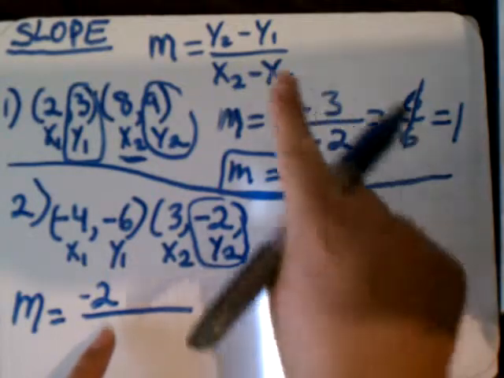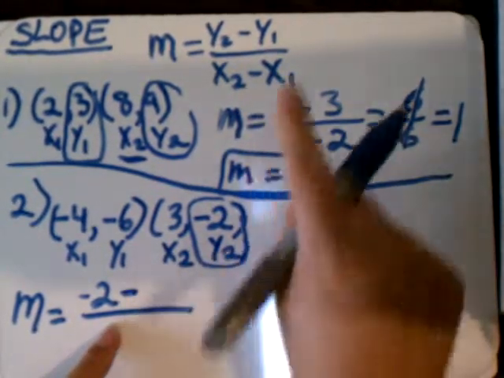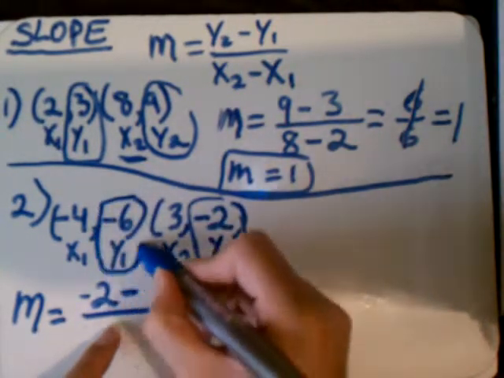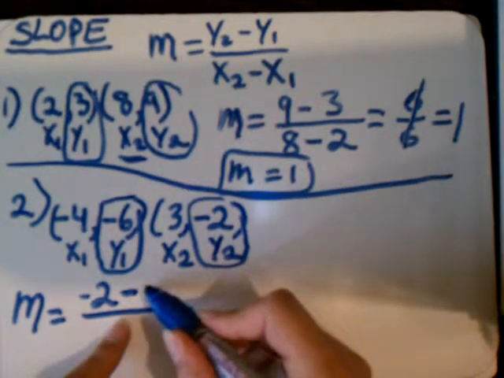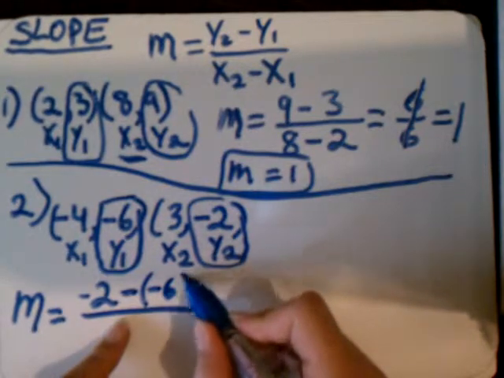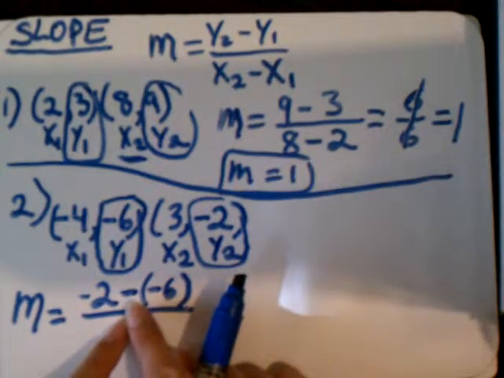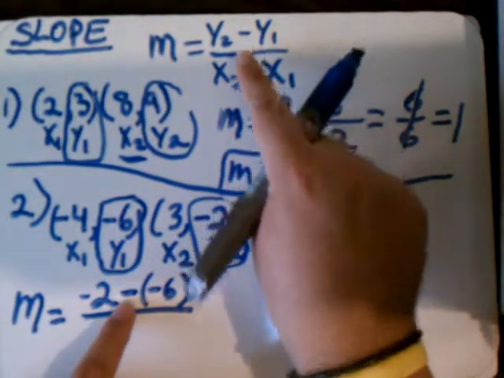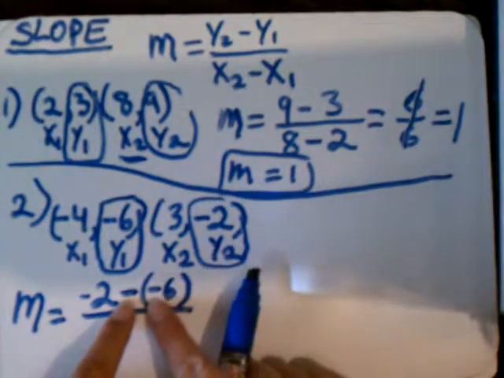Okay, remember, minus y1, in this case, is -6. Okay, so I'm going to write inside a parenthesis -6. Okay, this is so you do not get confused. The formula already has a negative sign, and your number, in this case y1, has a negative as well.